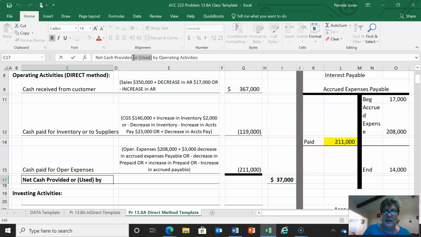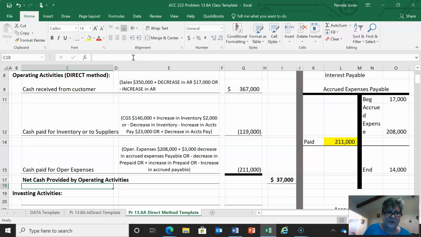Again, if the negatives had been 370, then we would have net cash used by operating activities, a negative of 3,000. But in this case, it's a positive, so it's net cash provided by operating activities. All right, so that is our direct method operating activities section.